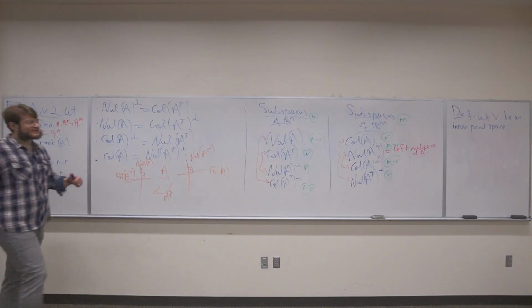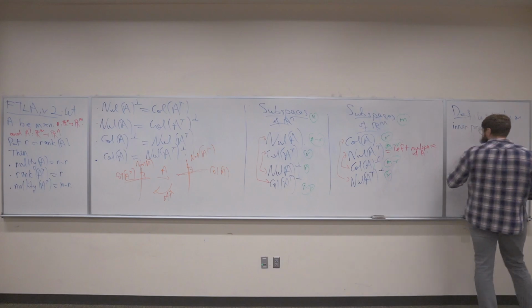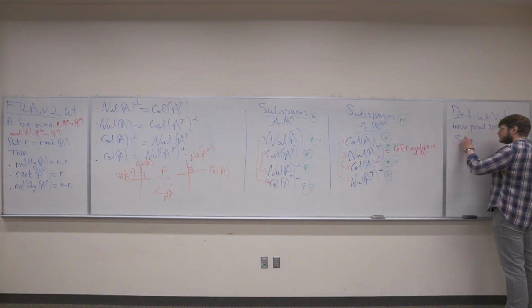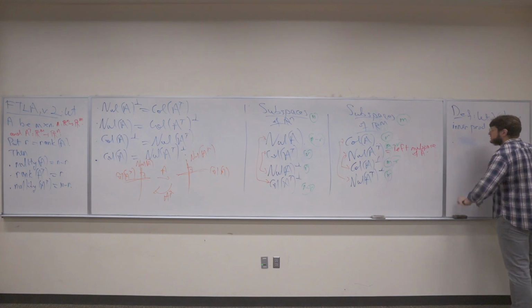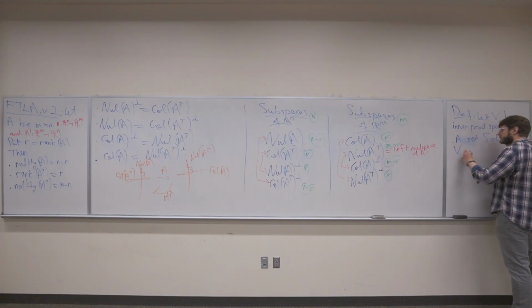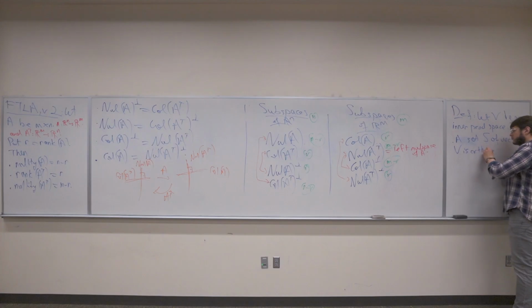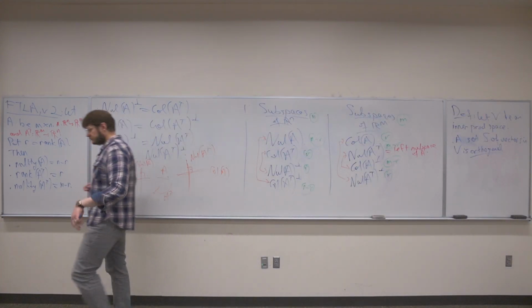An orthogonal set of vectors, or orthogonal basis: a set S of vectors in V is an orthogonal set if, given any two vectors that are distinct, they are orthogonal to each other.